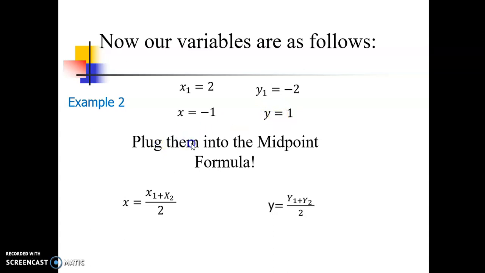So again, plug them into the midpoint formula. Kung napansin niyo, ibalik niyo yung second slide natin sa midpoint formula. Ito yung pinakita ko: x equals x sub 1 plus x sub 2 divided by 2, and then y equals y sub 1 plus y sub 2 divided by 2. Ipa-plug lang natin itong mga given natin na variables.